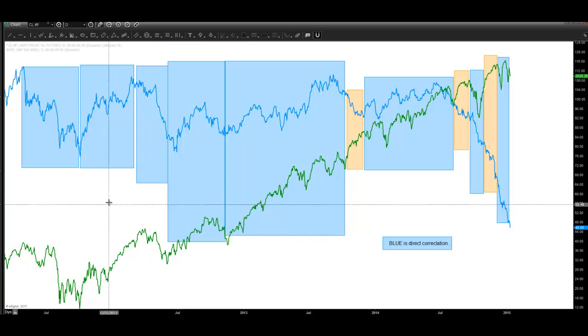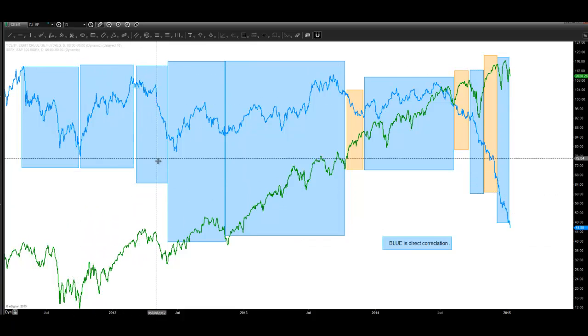And if we look at it here, every rally in cycles is positively correlated. Right here, for a period of about a month, they trade inverse. Over here, the same, they trade inverse. Over here, they trade inverse.